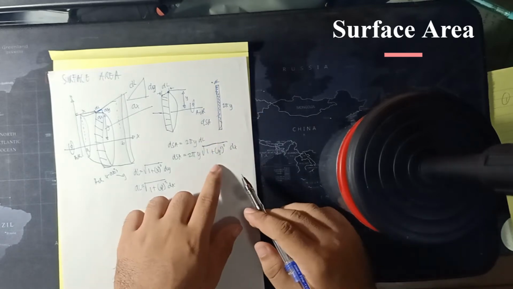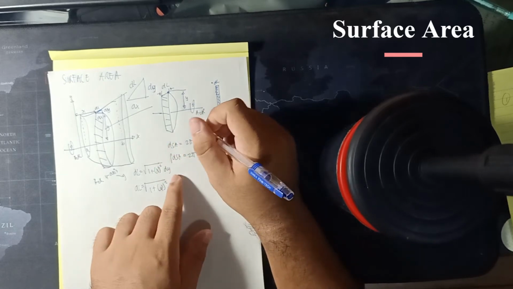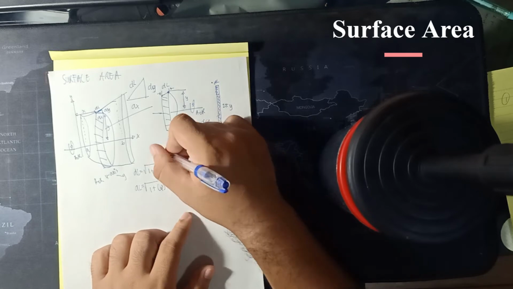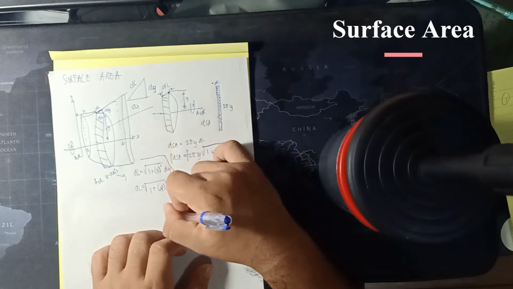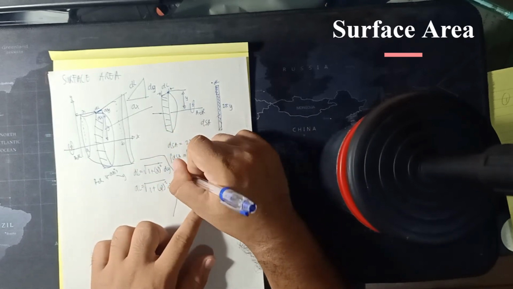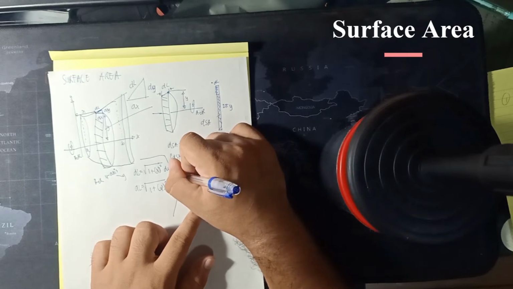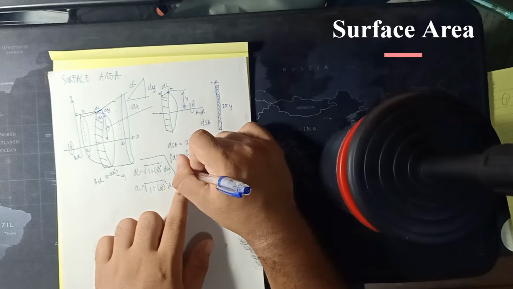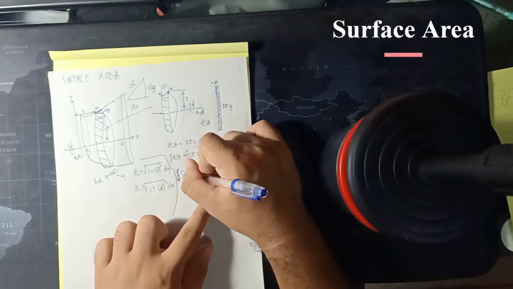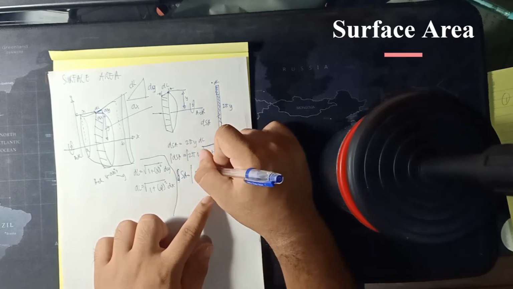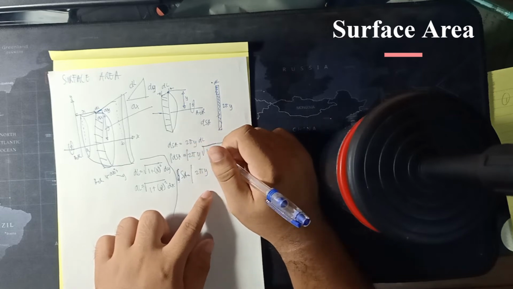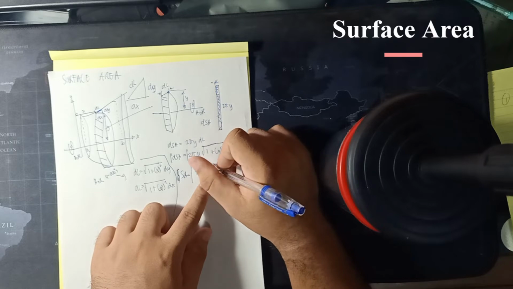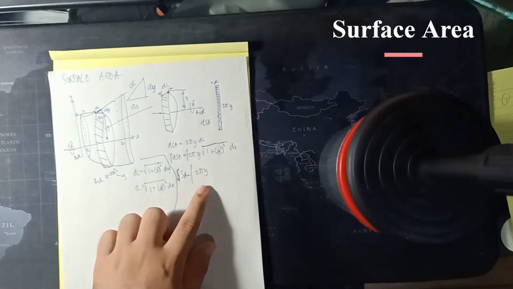And so if you now get the integration of the differential area, this would be now the surface area, the integral of 2 pi y times dl.